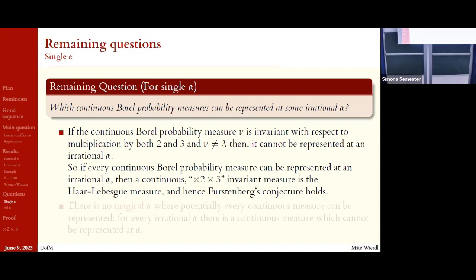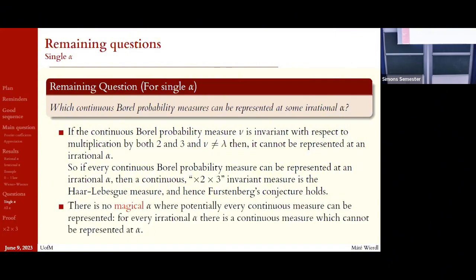I mean, it is such an amazing alpha. It distributes so well, so probably it will represent any continuous measure. But here we have this fact that there is no magical alpha where potentially every continuous measure can be represented. For every irrational alpha, however nice you think it is, there is a continuous measure which cannot be represented at that alpha.